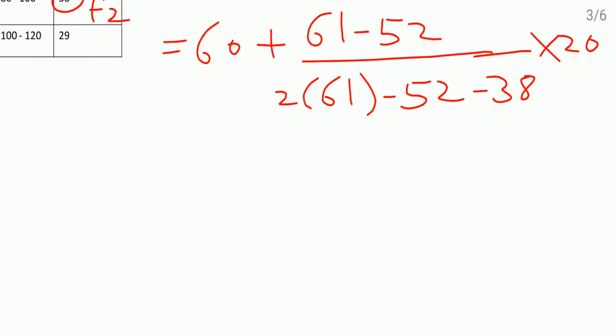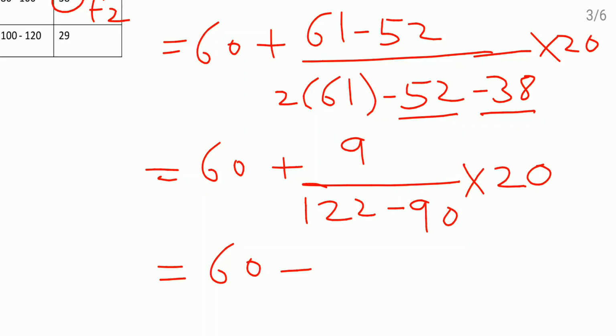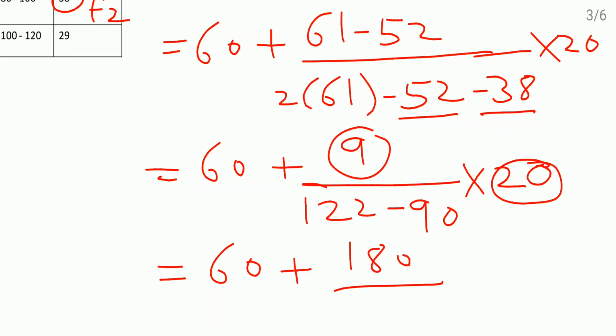Look at the calculation here. 60 as it is, plus 61 minus 52 comes as 9, divided by 61 into 2 is 122, minus 52 minus 38 is minus 90, into this 20, which is equal to 60 plus 9 and this 20. It becomes 180 over 122 minus 90.